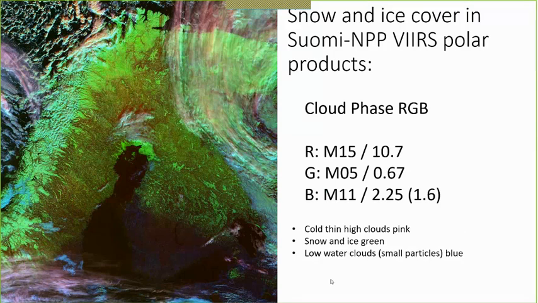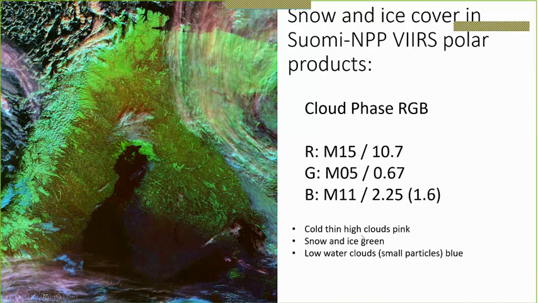All in all, it was a really nice surprise to see that this is really good for defining the line where we can see where the snow cover ends here, and also it's really easy to distinguish the ice and snow from the clouds.